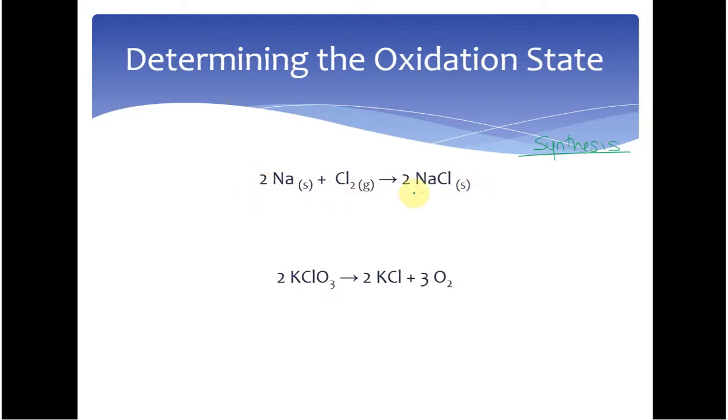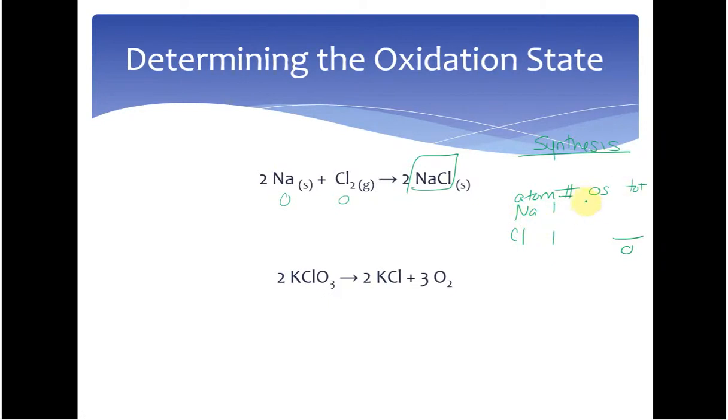Let's look at the oxidation numbers here. We have an element by itself, so it's 0. Chlorine by itself, so it's 0. In this compound, we're going to make a table: atom, number, oxidation state, and total. Because this is a neutral compound, it has to add up to be 0. We've got sodium and chlorine. Inside this compound, there's 1 of each.